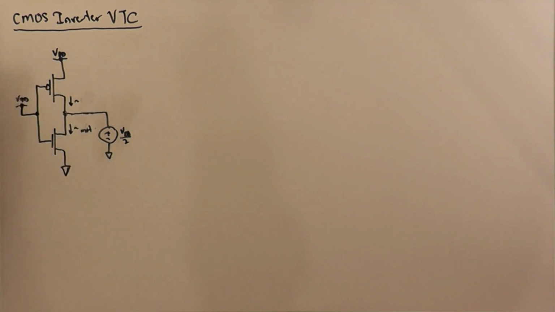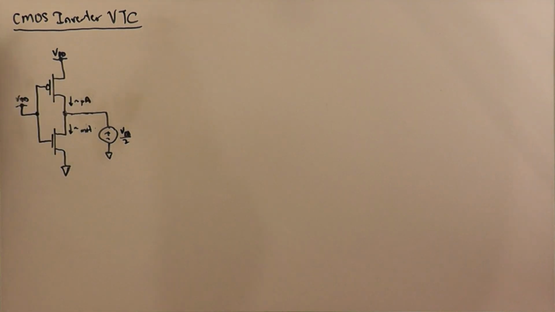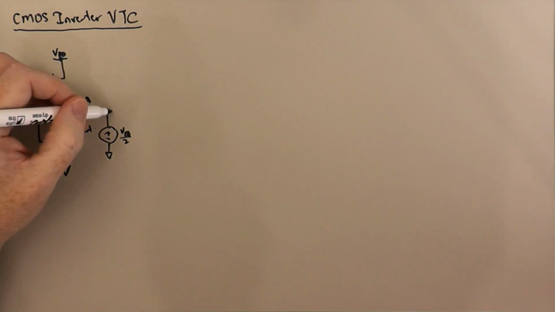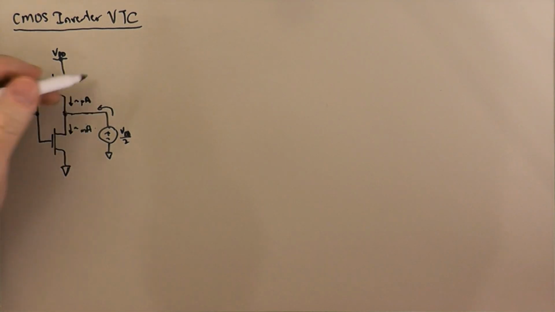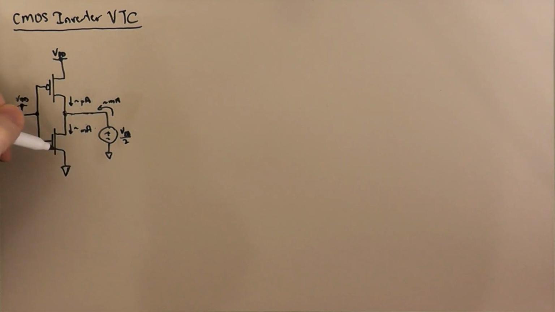And we have basically no source to gate voltage on the PMOS transistor, and so we're going to have, again, maybe a few picoamps of saturation current there. And so now this voltage source is going to have to be supplying the milliamps of current required by the NMOS transistor.